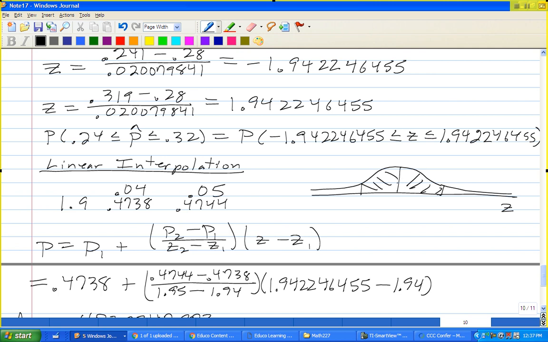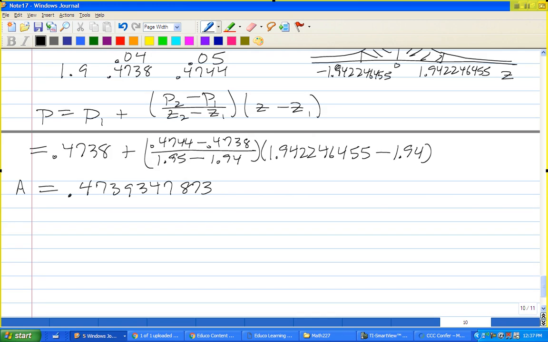This area, and the one from negative 1.942246455 to zero. I just add up both of these areas.